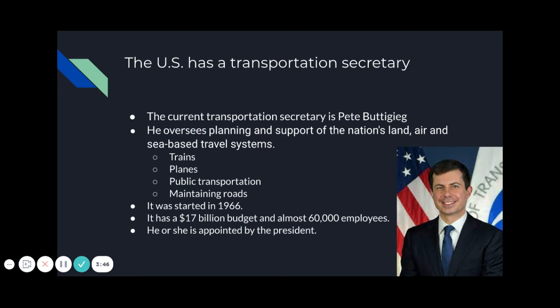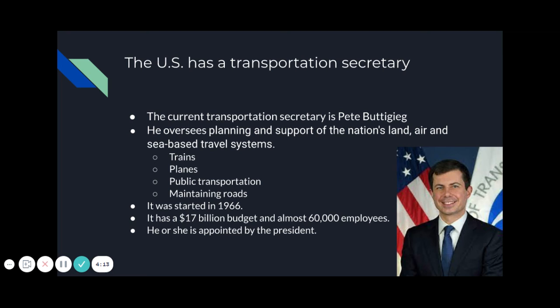The U.S. does have somebody that oversees all of this. They're called our transportation secretary. Our current transportation secretary is Pete Buttigieg. I never could say his name right, and I apologize. He actually ran for president in 2020. He oversees the planning and support of the nation's land, air, and sea-based travel system. So he is helping moderate the trains, the planes, the public transportation. He helps maintain roads.